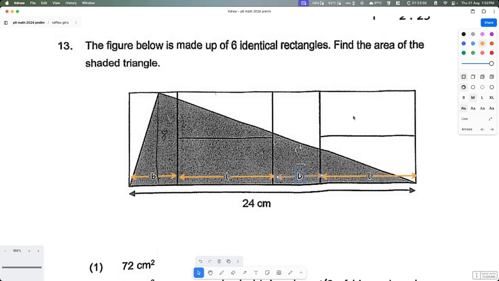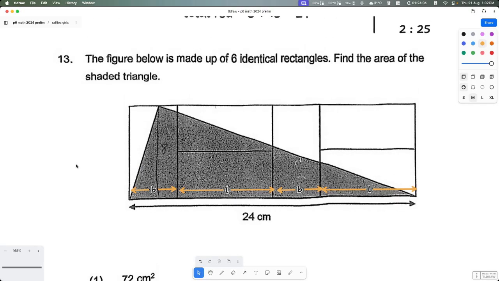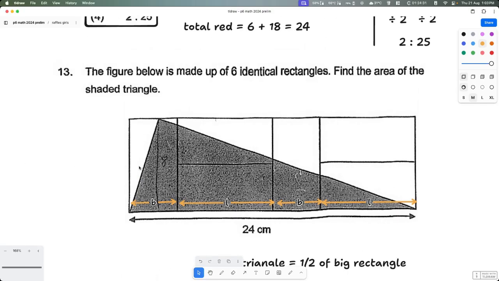So 6 identical rectangles. Find the shaded area. Another thing is we also know that this is one L, or in this case 2 B's. So this is B, and this is B as well, as what you see over here.